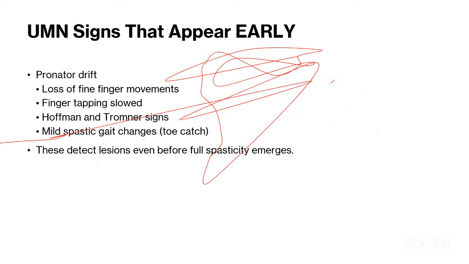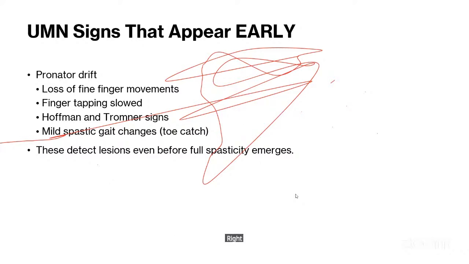Anyone who wants to unmute their mic and answer? From the cortex, then corona radiata, internal capsule, middle one-third of the cerebral peduncle, then pontine nuclei, pyramids, and lateral white column of the spinal cord. Right.